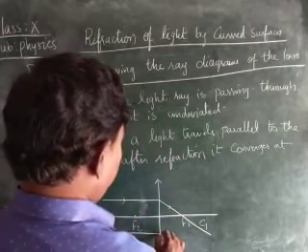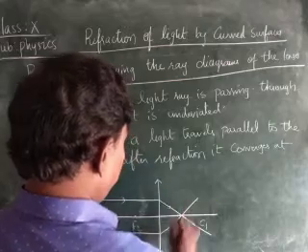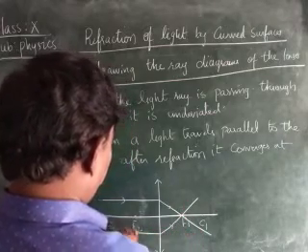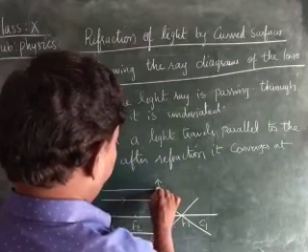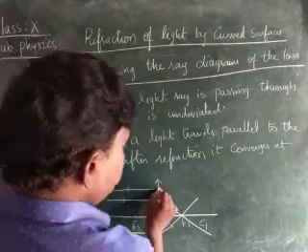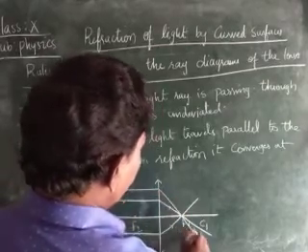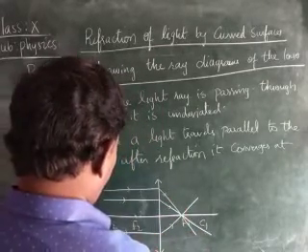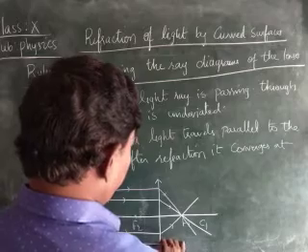We can draw as many light rays as we want. All the light rays which travel parallel to the principal axis, after refraction, pass through the focal point.